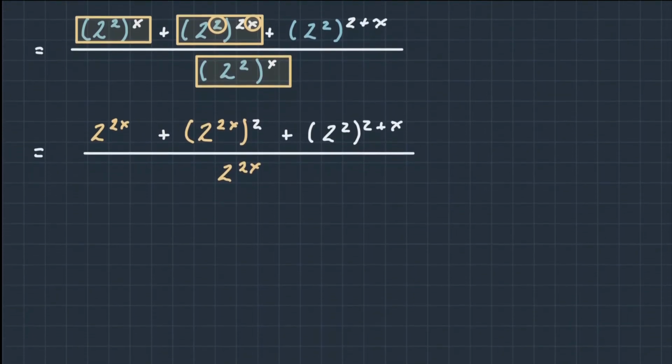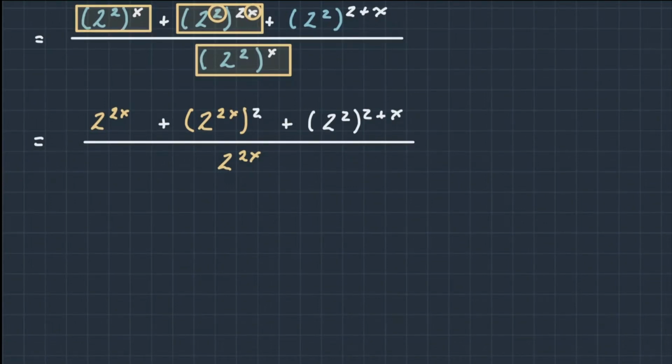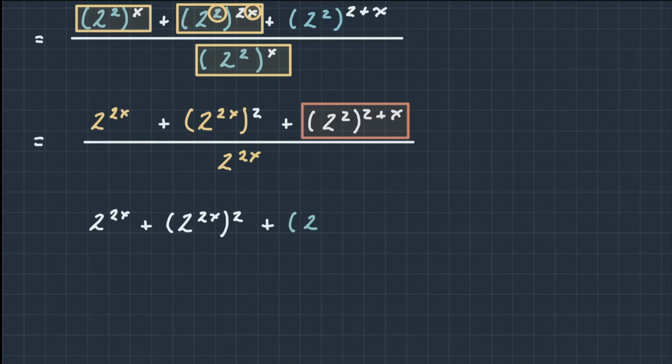Now, I'm very confident that there must be a factor of 2 to the power of 2x in that last term. So now we're going to go ahead and try to find it. And we're going to do so using the product of common base powers law. Now I'm just going to go ahead and write out those first two terms, and now let's express that last term as the product where the first factor is 2 to the power of 2 raised to the power of 2.